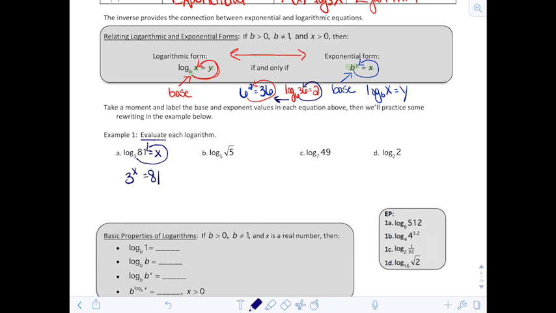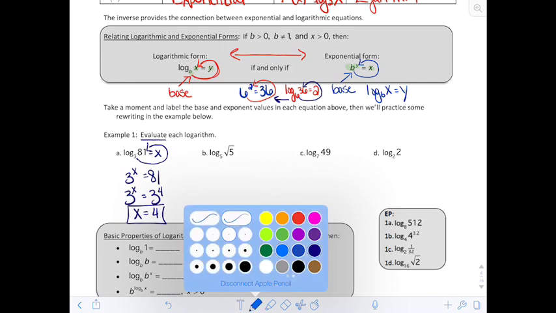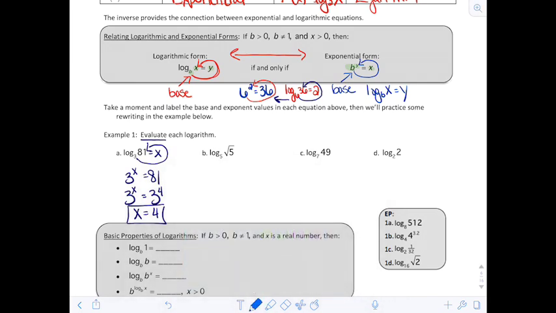And so 81 we know is a perfect square. That's 9 times 9. Each of those 9s is 3 times 3, so we could express 81 as 3 to the 4th power. And if that's equivalent to 3 to the x power, we know that x is equal to 4. Now, just a little side note, kind of foreshadowing to what's ahead and coming up. If we saw right off the bat that 81 was 3 to the 4th, look at this, which is not a coincidence.